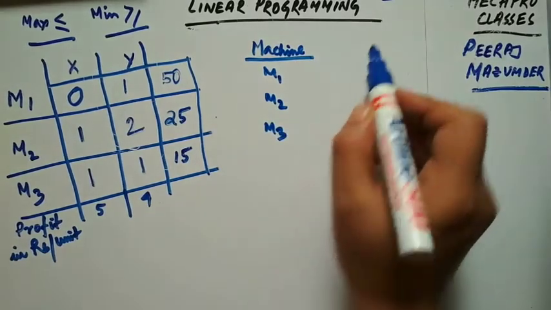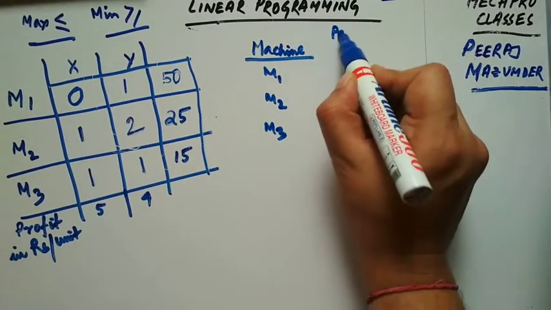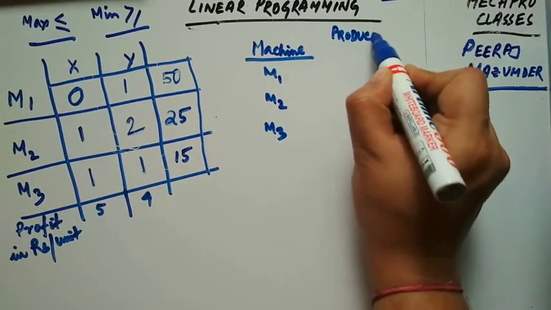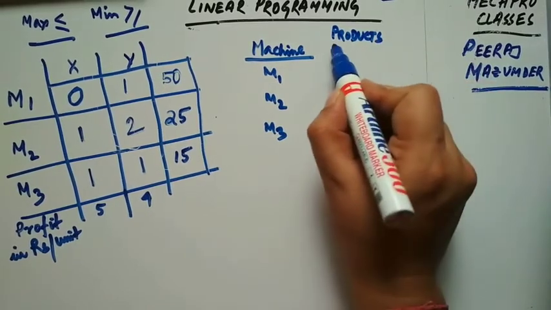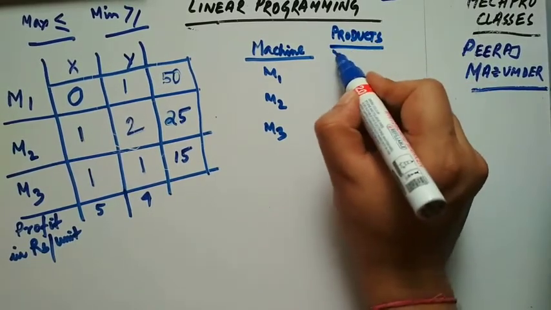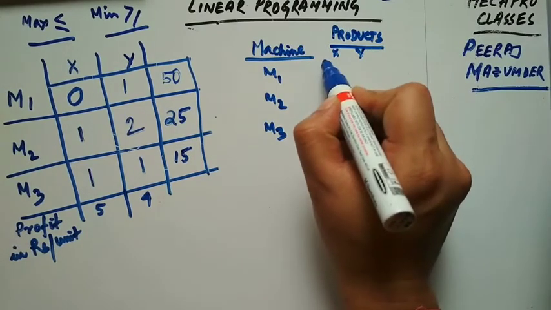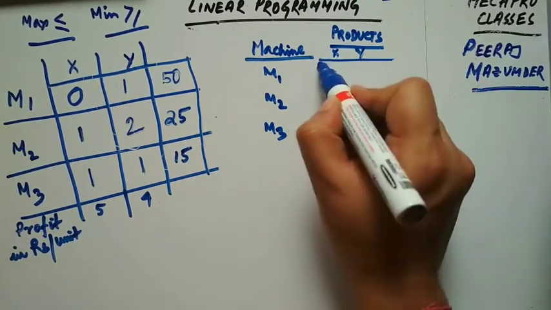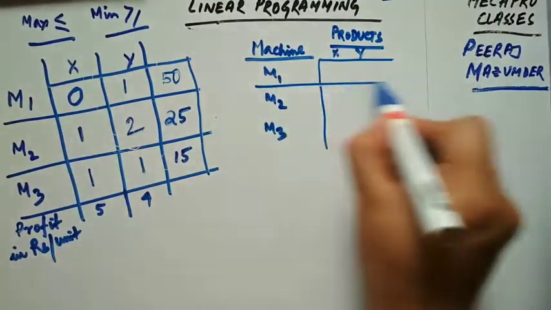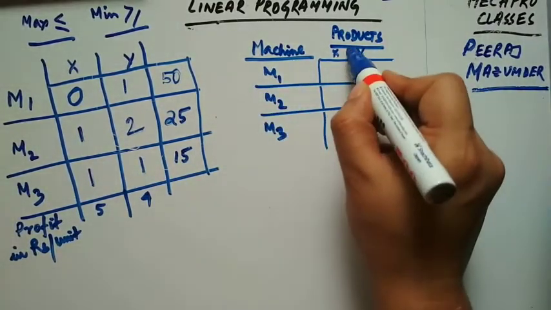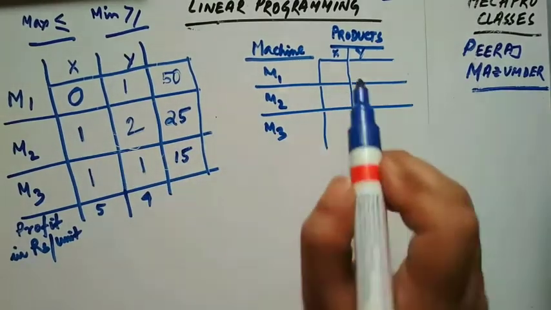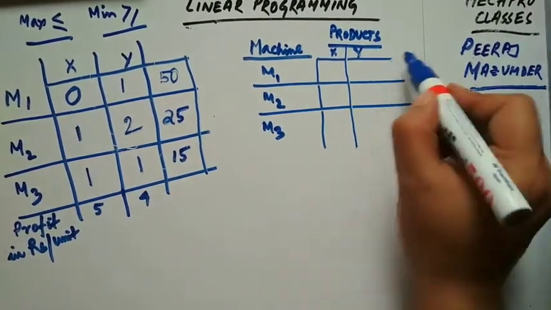Now say these are the products, and I can write them over here as X and Y. The same thing I am writing in a clearer manner.